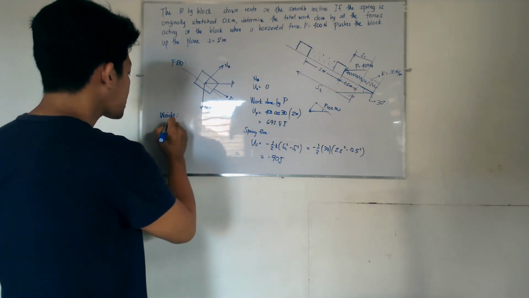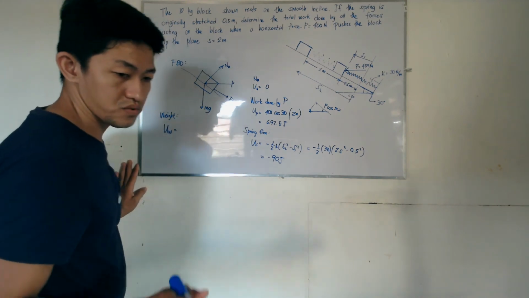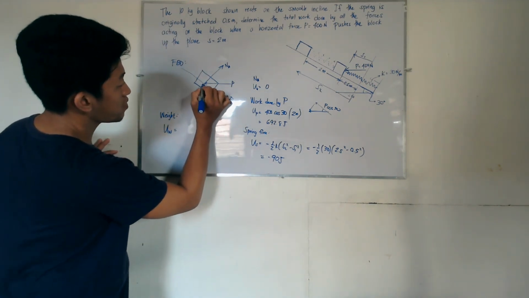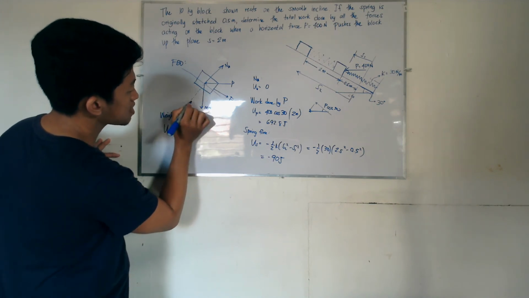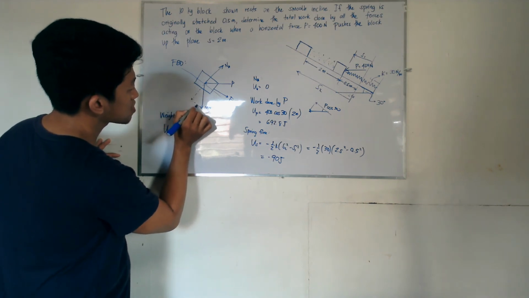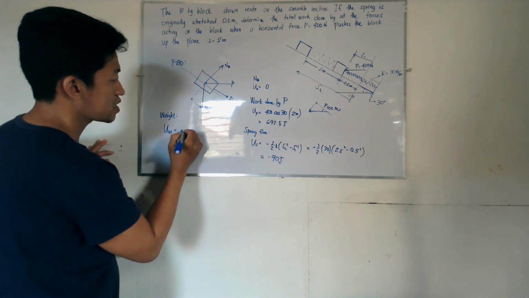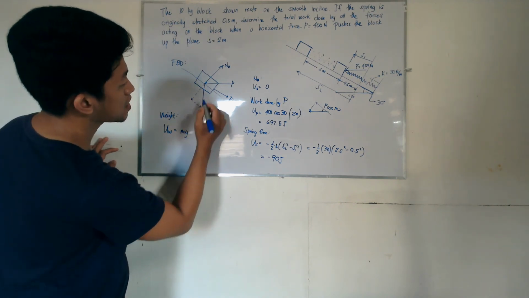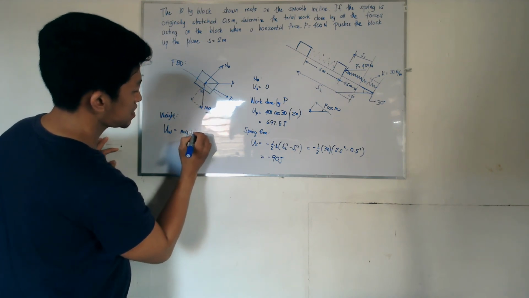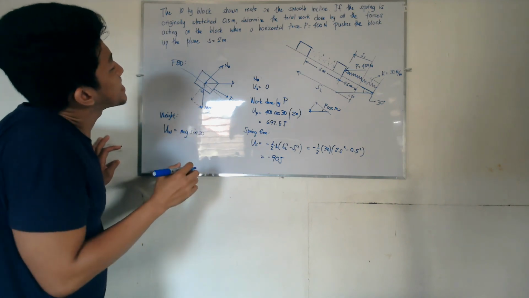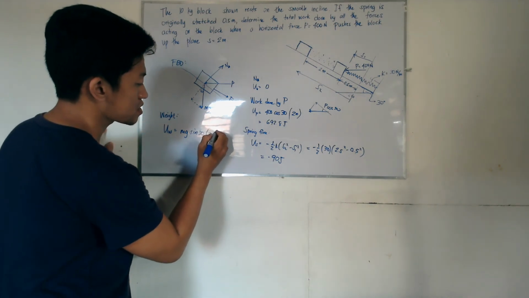For the work done by weight, take the component that is parallel to your motion. That component is just mg sine 30 times 2 meters.